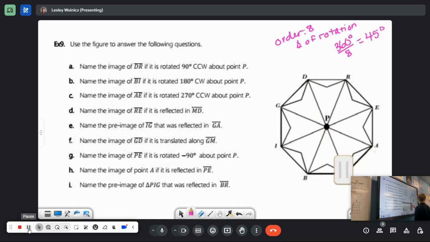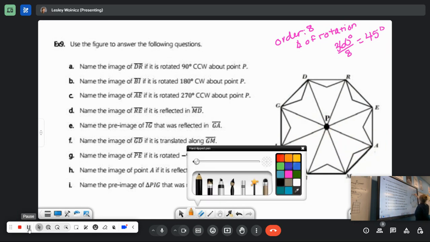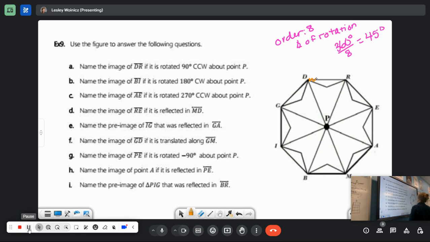So we were talking about segment DR, and we are rotating 90 degrees counterclockwise. So is that the positive or negative direction? Positive.